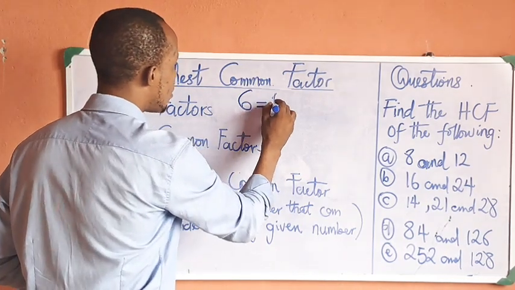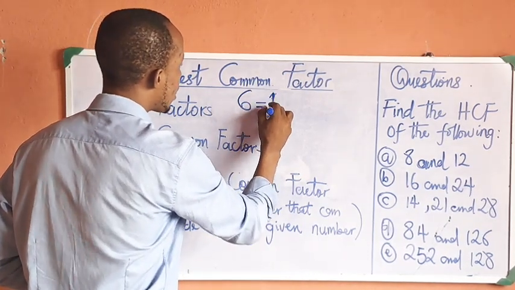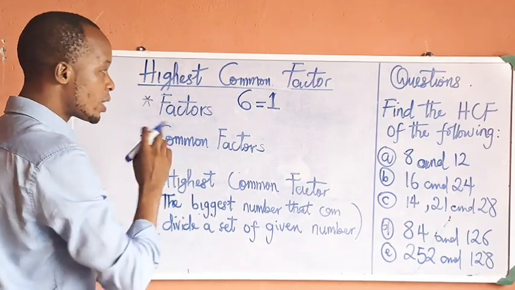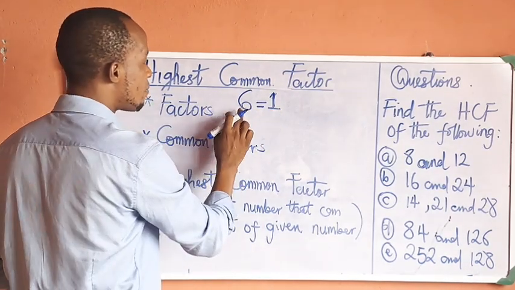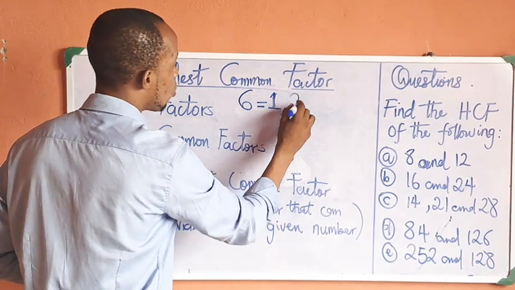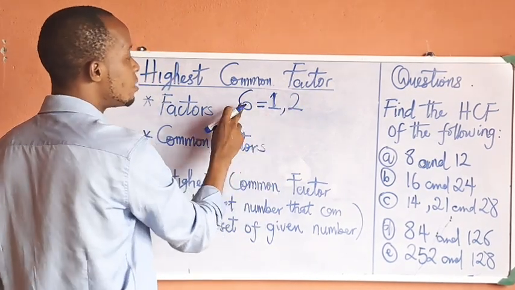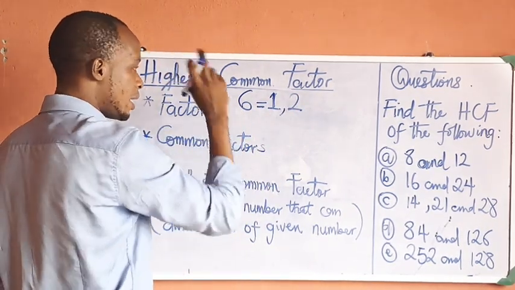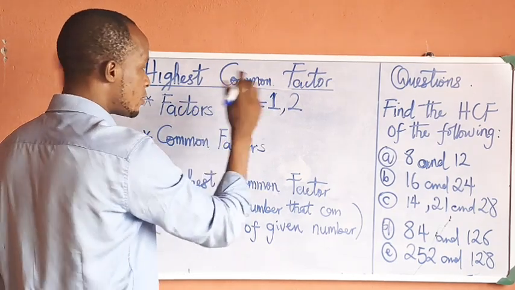Okay, the first number will be 1. Number 1 can divide 6 without a remainder. 1 can divide 6, 6 times without a remainder. The next factor will be 2 because 2 can divide 6 without a remainder, and 2 divides 6 3 times.